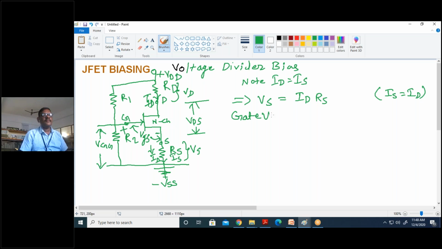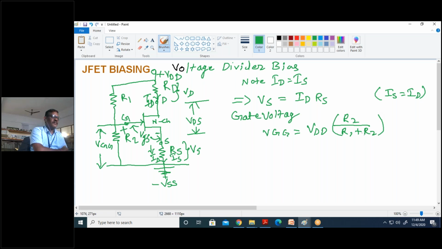Gate voltage VGG is equal to VDD into R2 by R1 plus R2, because VGG is across the R2.